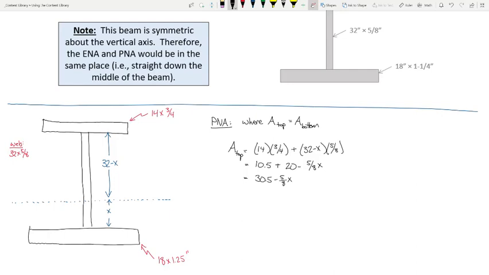Does everybody see what I did there? So 32 times that's 20, x times that is that, and then adding these up. Does everybody follow along? Okay, so that's the area above.